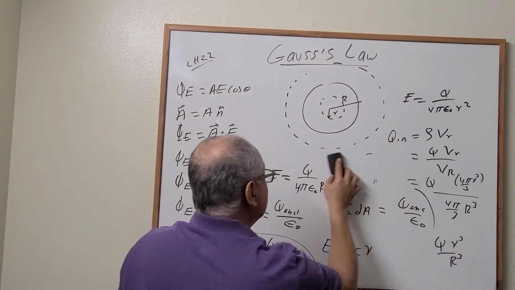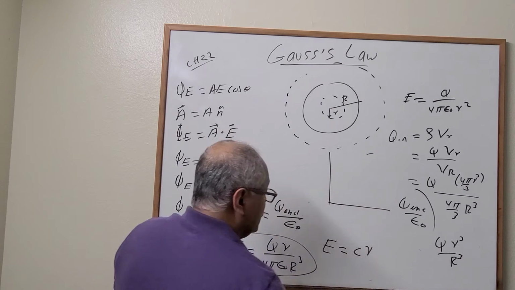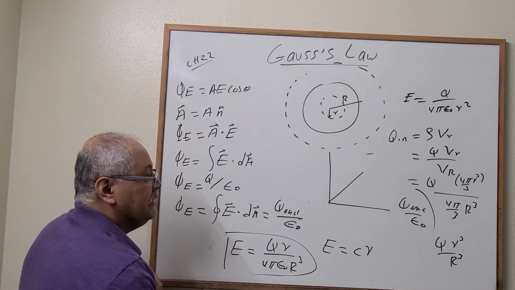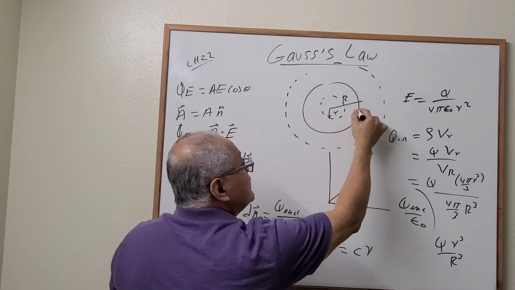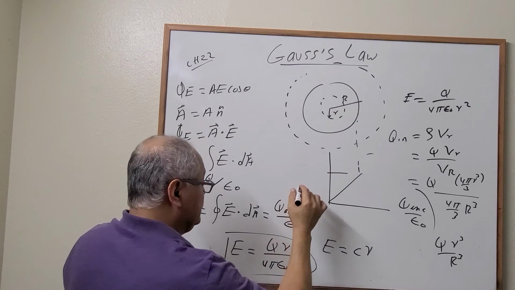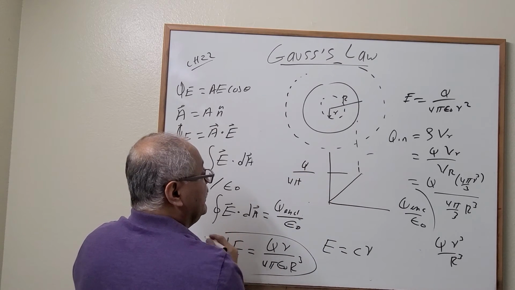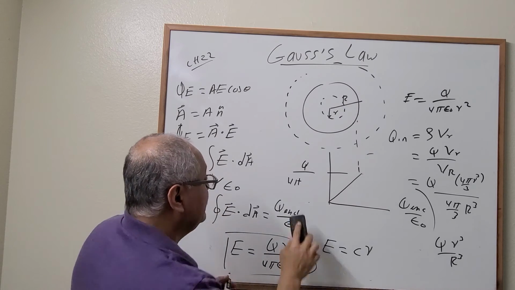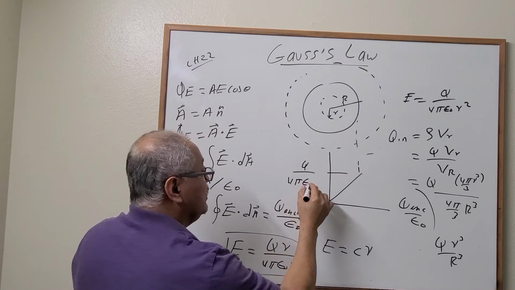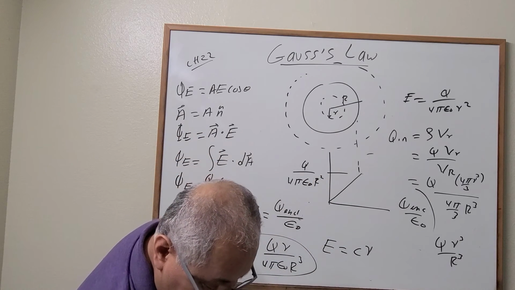So inside it's linear, and in this way it increases, starting at the center. The electric field later at the edge, imagine this is the edge right here, we have this formula, which is Q over 4 pi epsilon naught times r squared.